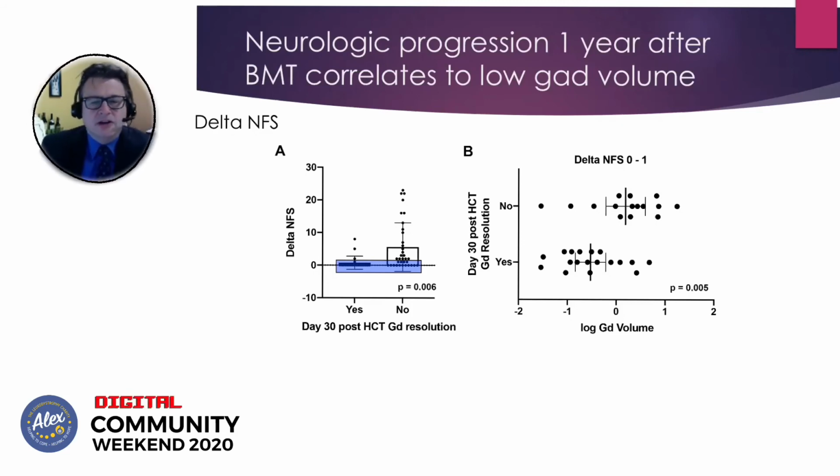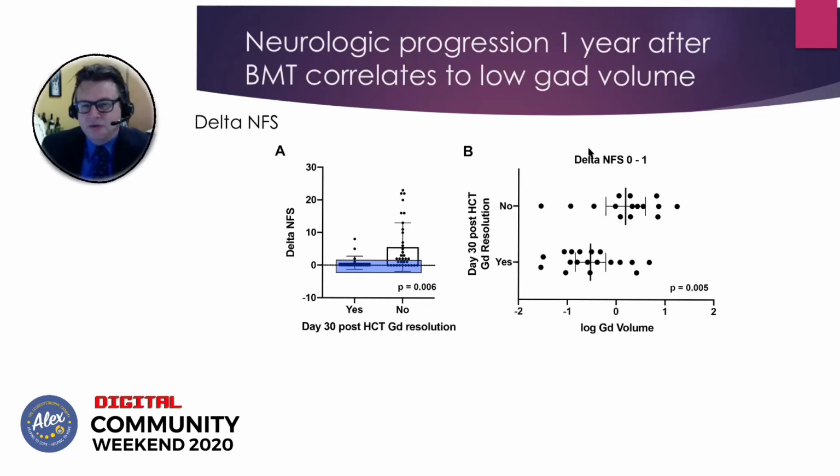And then I took basically the boys that only gained 0 or 1 point, because those would be the boys that had the most minimal amount of damage, and I looked at their gadolinium volume and their ability to resolve gadolinium post-transplant at 30 days. So yes or no on early gadolinium resolution.